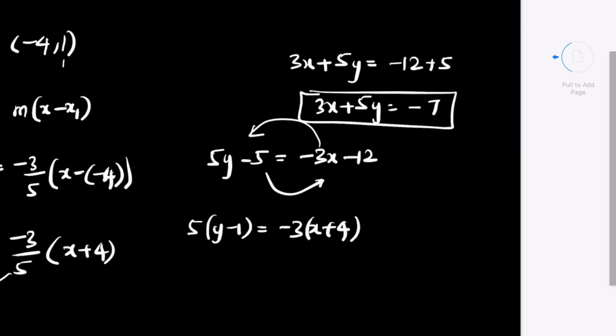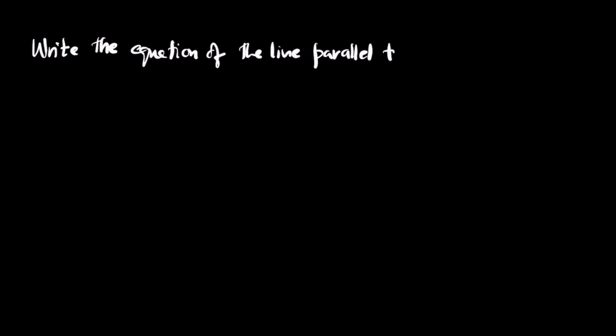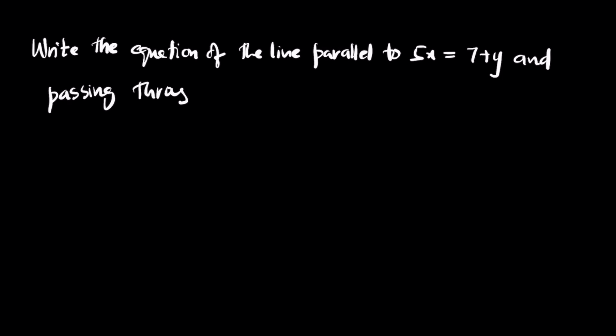So try another example. Write the equation of the line parallel to 5x equal to 7 plus y and passing through the point (minus 1, minus 2).